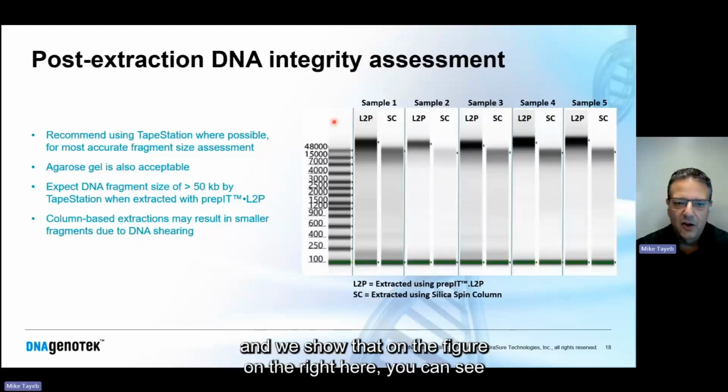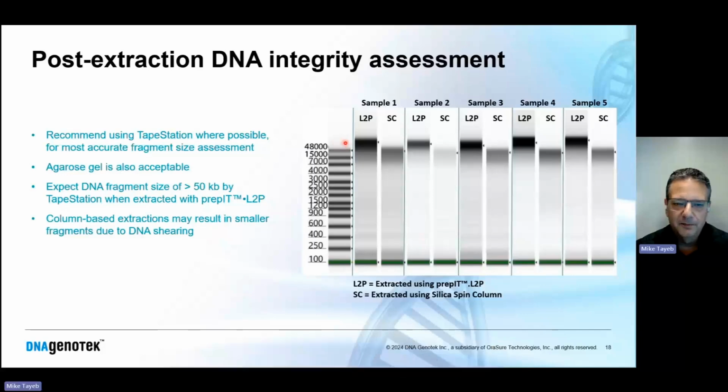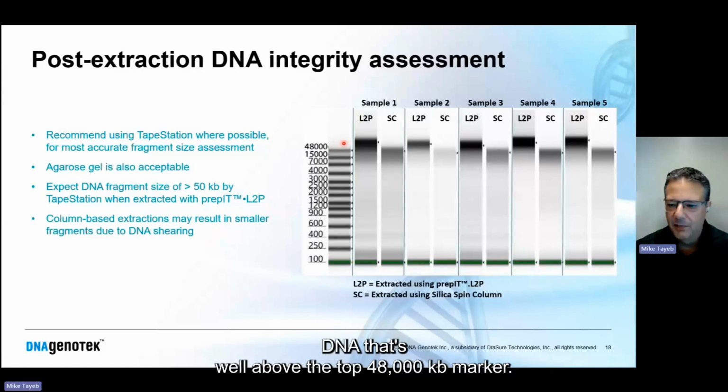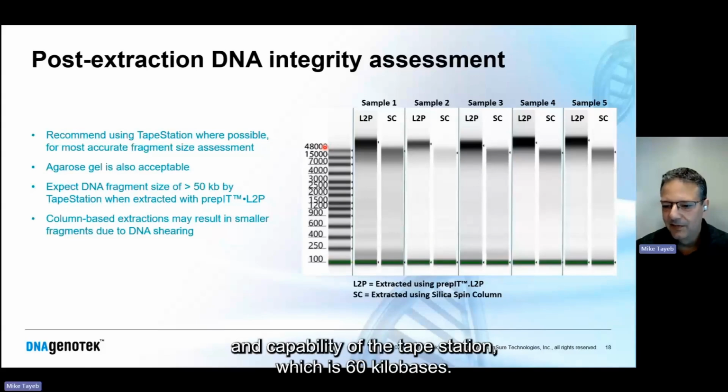And we show that on the figure on the right here. You can see 5 different samples extracted with prepIT L2P, and you're getting DNA that's well above the top 48,000 bp marker.